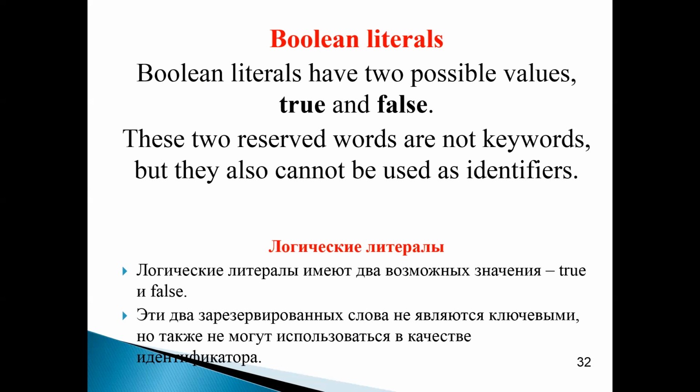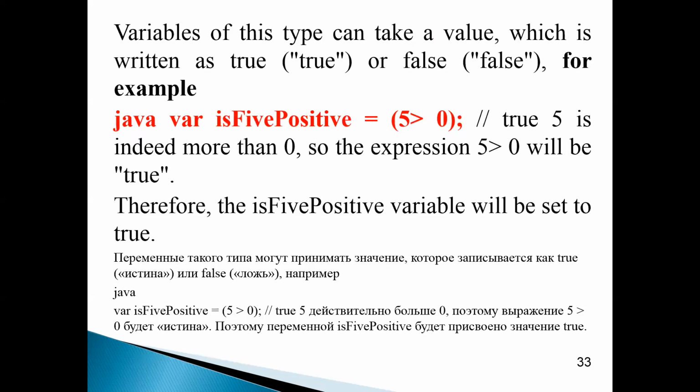Boolean literals. Boolean literals have two possible values, true and false. These two reserved words are not keywords, but they also cannot be used as identifiers. Variables of this type can take a value which is written as true or false.